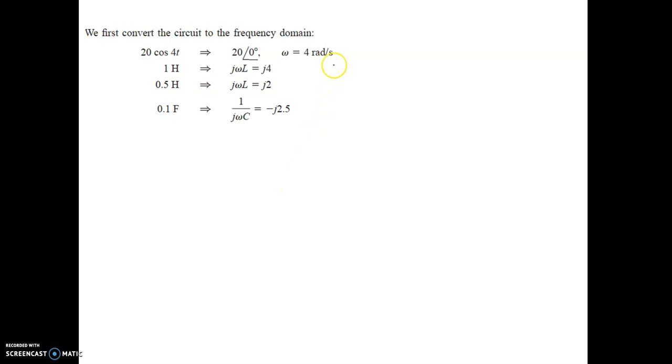Once you do this, you will get these values. Here the source is 20 cos omega t, so omega here is 4 radian per second.